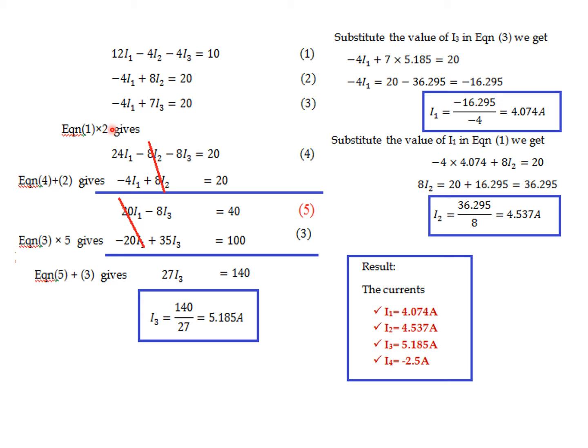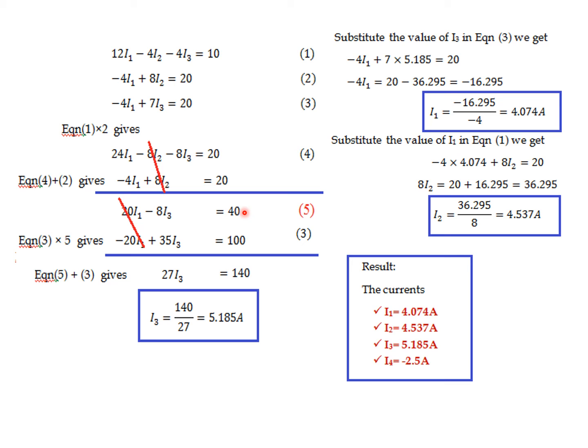Multiply the equation number 1 with 2. That gives 24I1 minus 8I2 minus 8I3 equal to 20. Take this equation as equation number 4. Now, equation number 4 is added with equation number 2. We'll get the new equation, that is 20I1, here both get cancelled, minus 8I3 equal to 40.